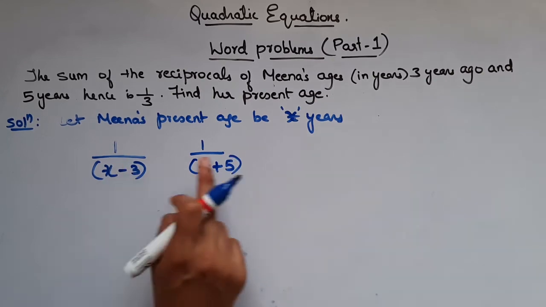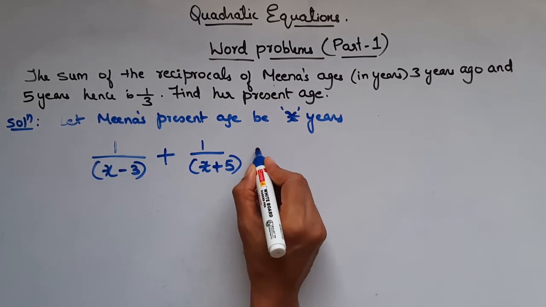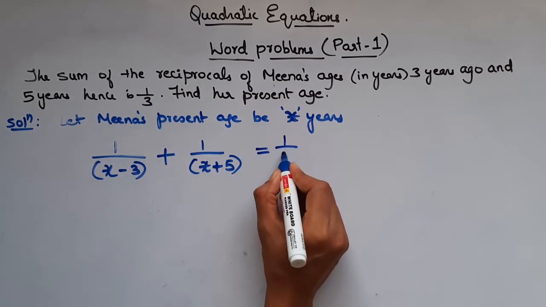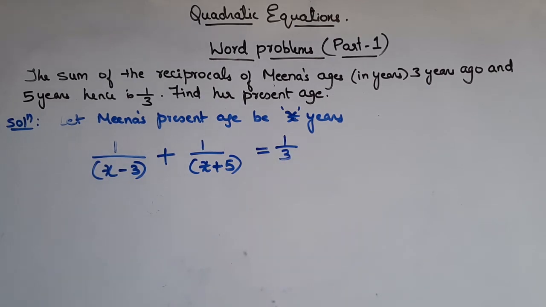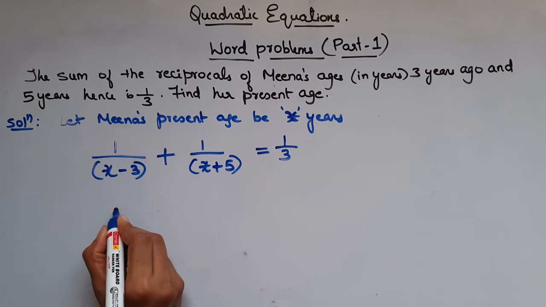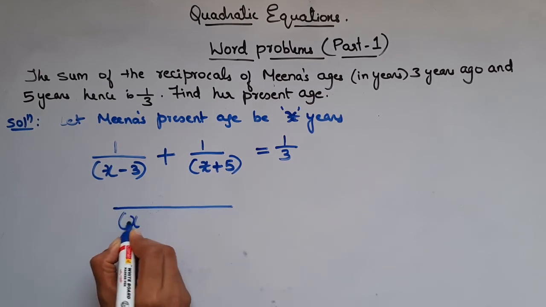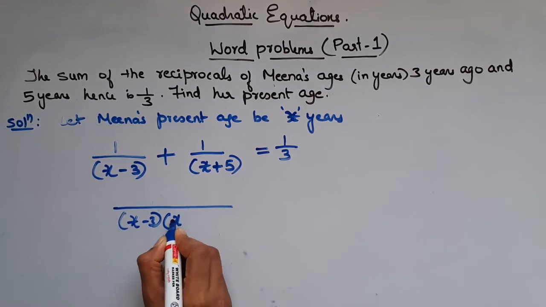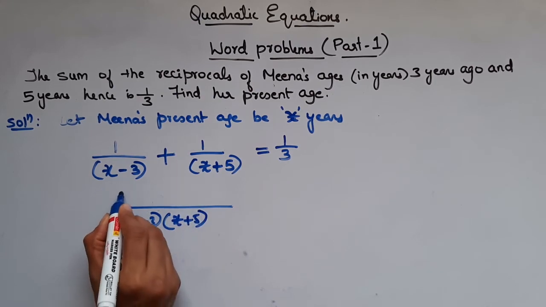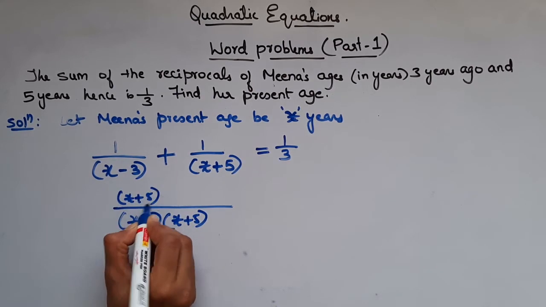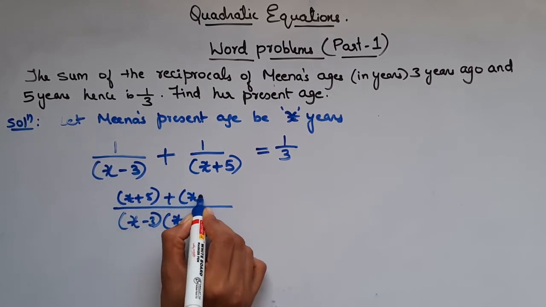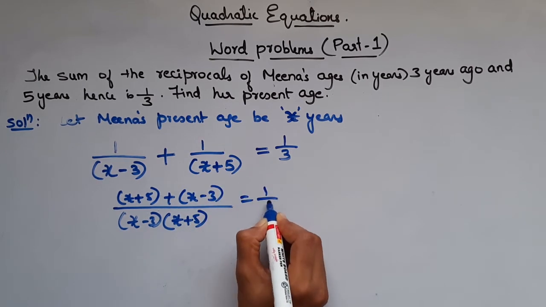So their sum is equal to 1 by 3. I hope you got the point. Now we have to simplify this equation taking LCM, that is x minus 3 and x plus 5. Here x plus 5 plus x minus 3 is equal to 1 by 3.